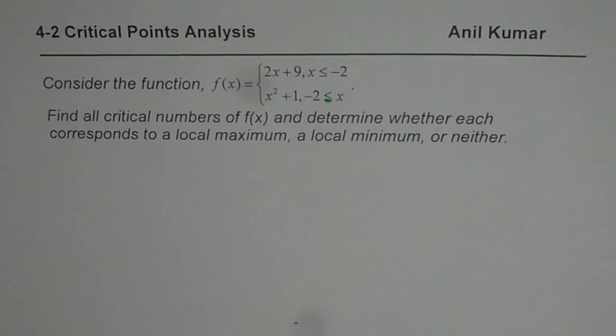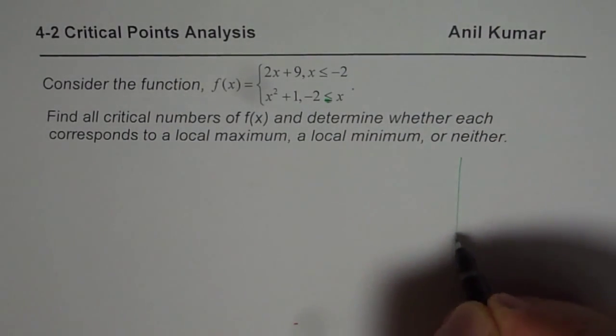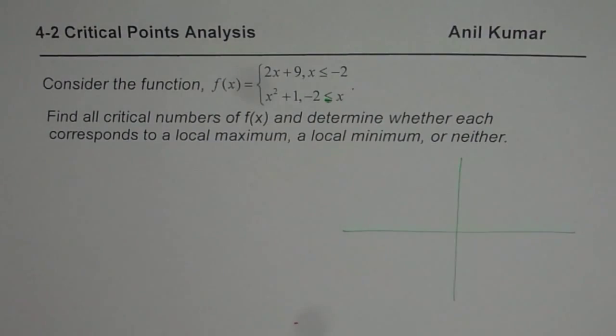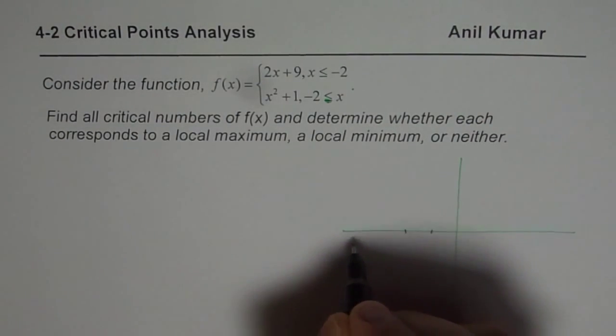In the case of a piecewise function, I'd like you to sketch the function first. So let's try to sketch it. Let's say that's the coordinate plane. We have two pieces joined together at minus 2. So let us say this is minus 1, minus 2, minus 3, minus 4.